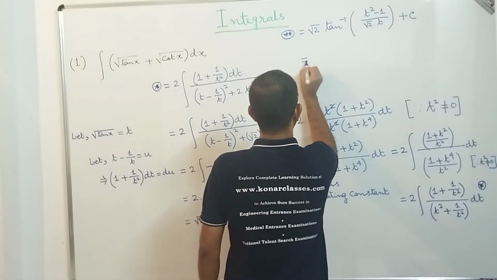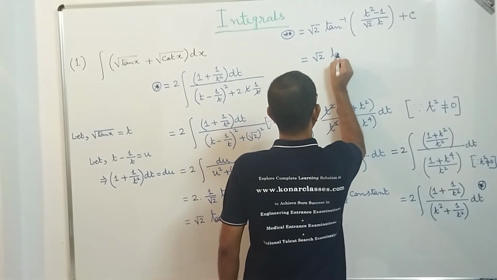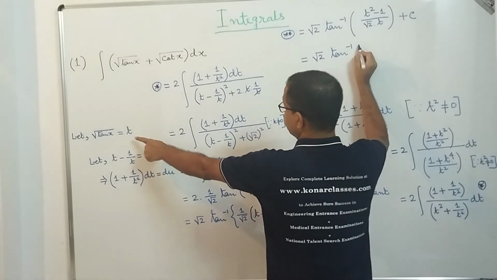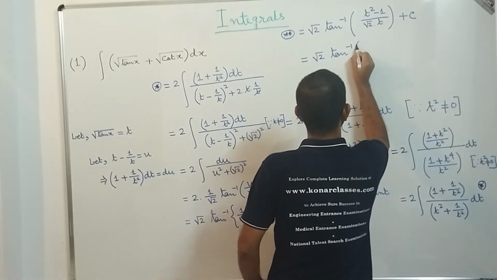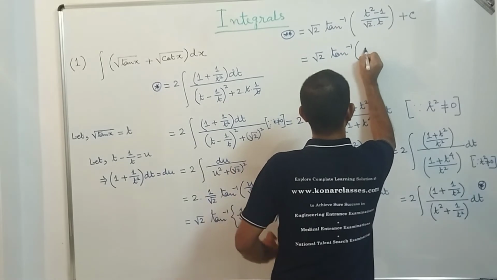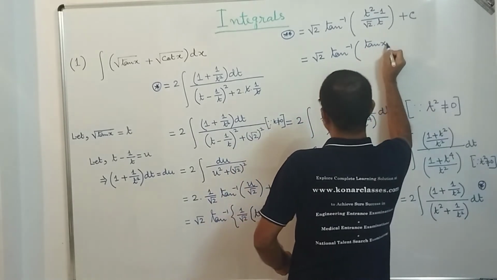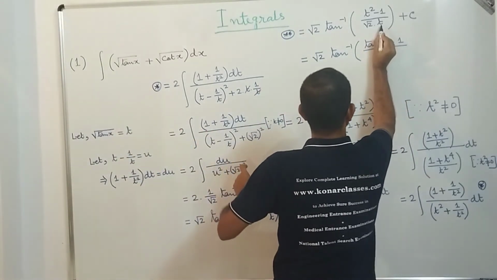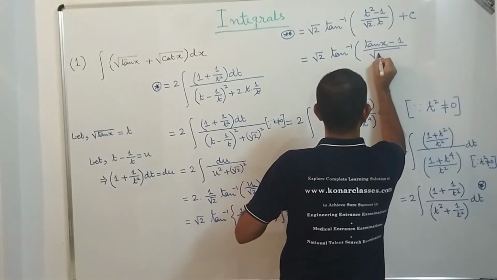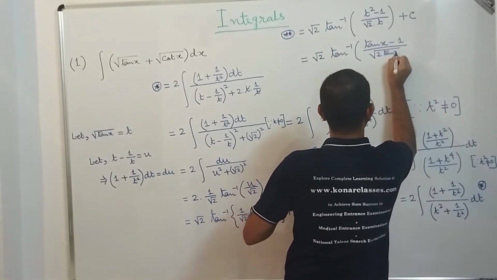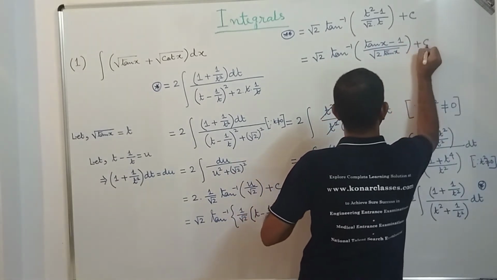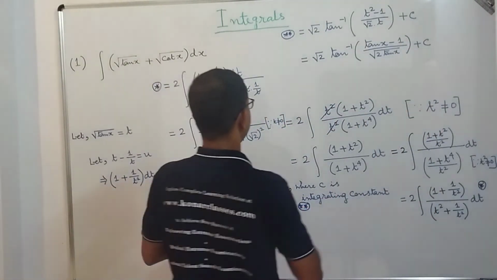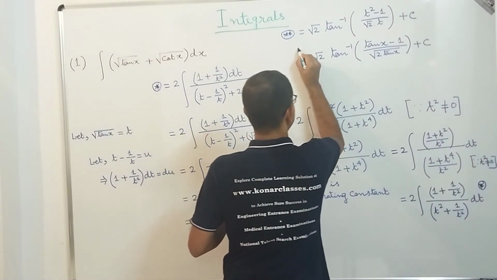So we get the value of the integration as root 2 tan inverse of, t square equal to tan x, so t minus 1 divided by t is equal to root over tan x minus 1 divided by root over tan x into root 2, that is equal to root over 2 into tan x plus c, and this is the value of the given integration.